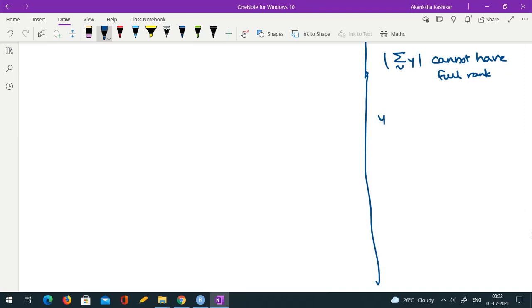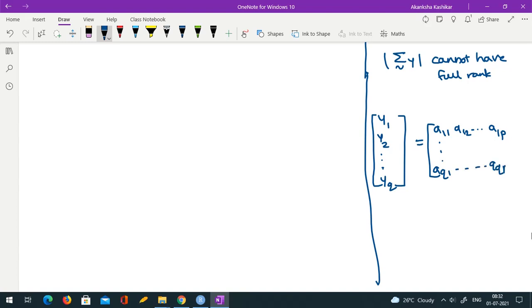Okay, so I want y1, y2, up to yq to be the matrix with rows a11, a12 up to a1p, and similarly up to aq1 up to aqp, times x1, x2, up to xp, and we are assuming right now that q is larger than p.